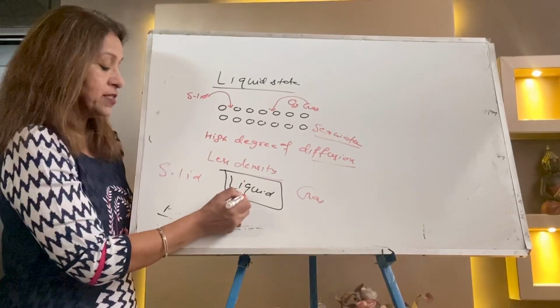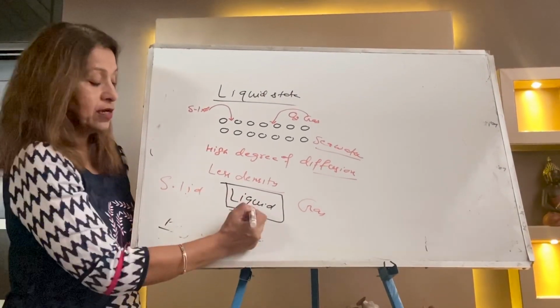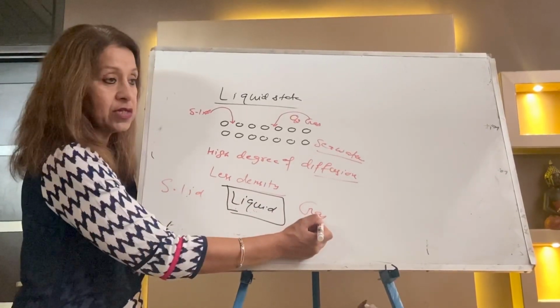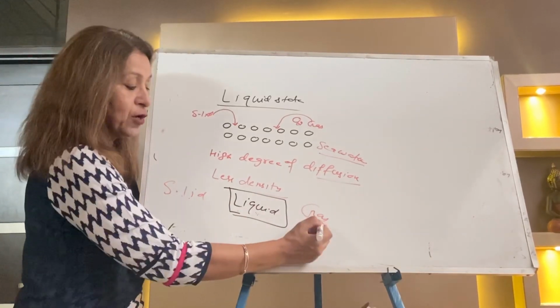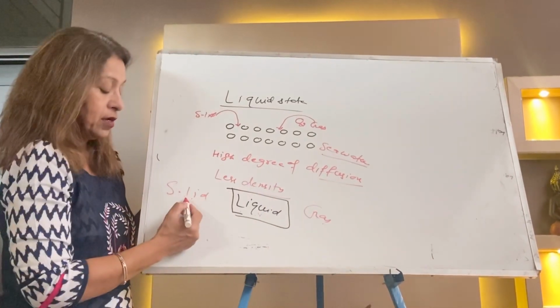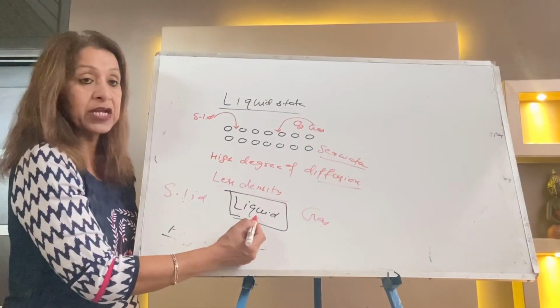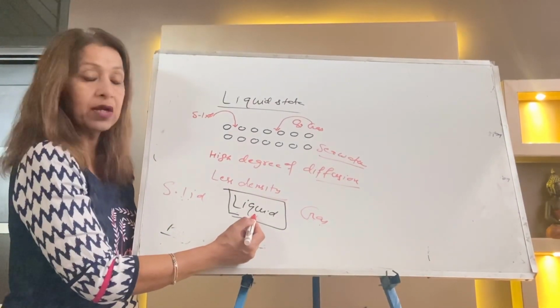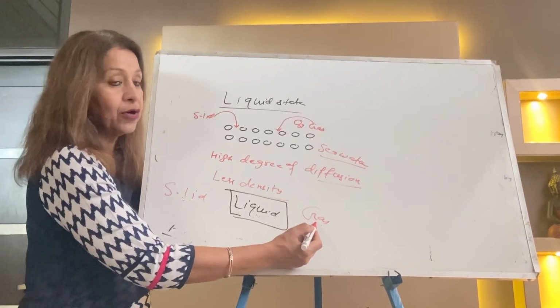Similarly, it has high density, medium density, and very low density. Strong forces, medium forces, weak forces. Solids have shape as well as volume. Liquids have no shape, but they have volume. And gas is that which has no shape and no volume.